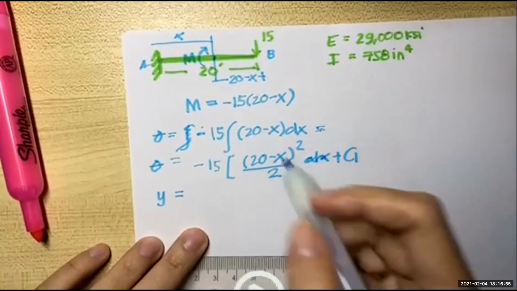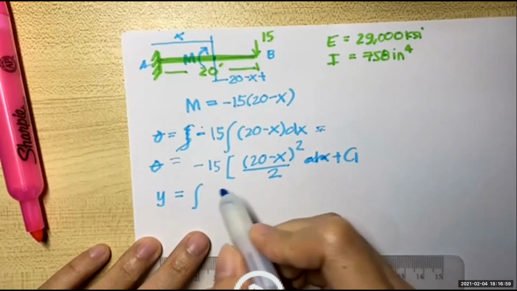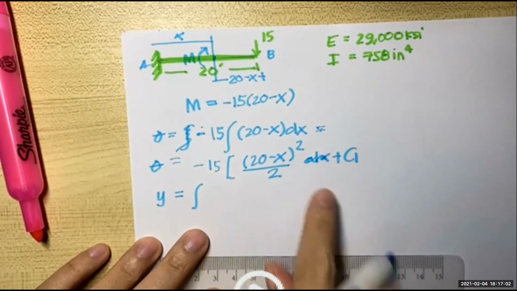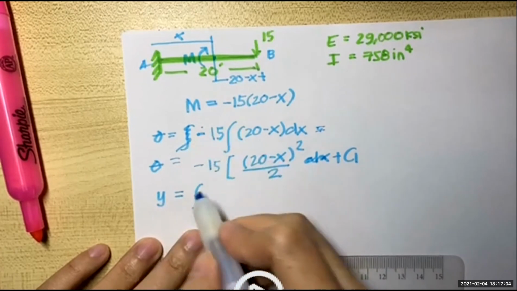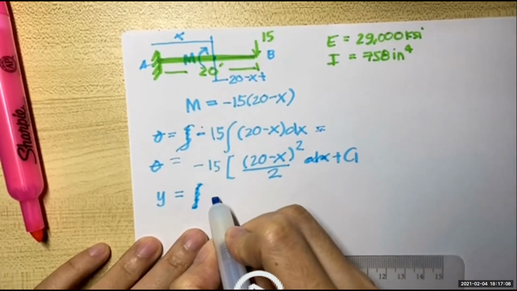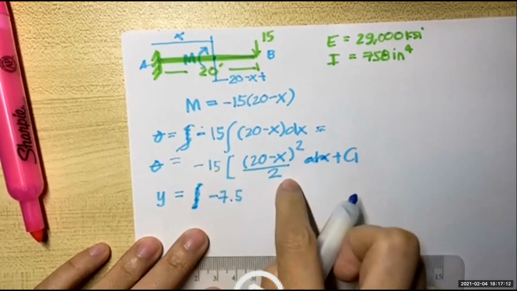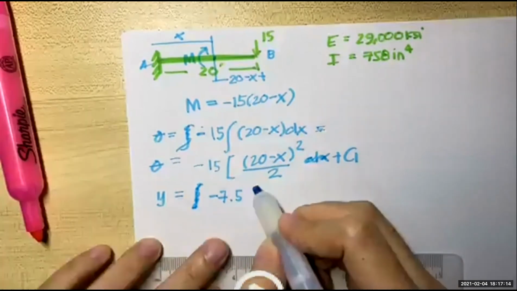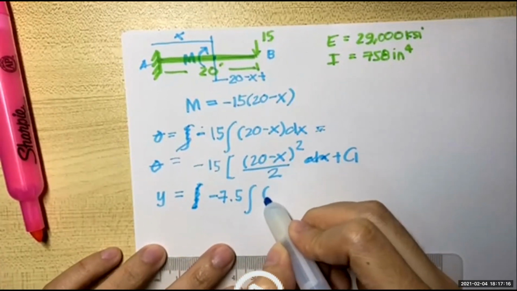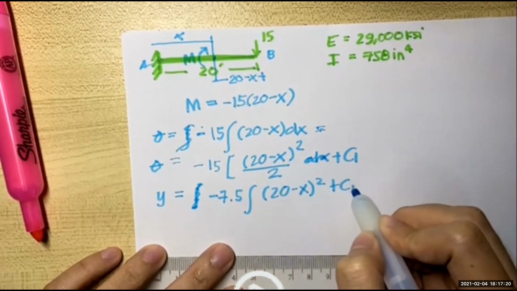So integrate natin siya ulit. So the integral of, ilabas nyo ulit yung 15. Yung 2, pwede nyo din siyang ilabas. So 15 divided by 2 is 7.5. So negative 7.5. Factor out nyo yung mga constant, no? 7.5 integral of 20 minus x squared plus c1.